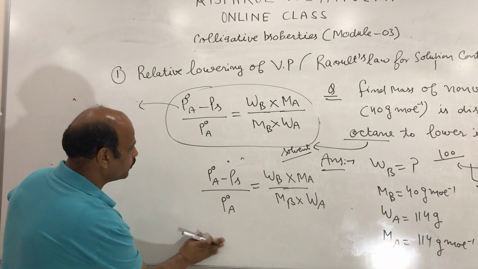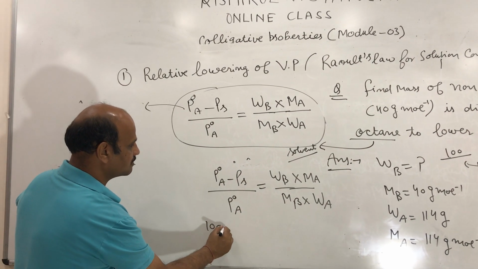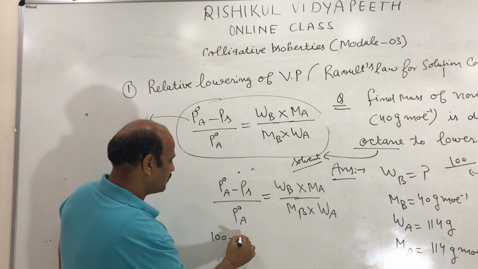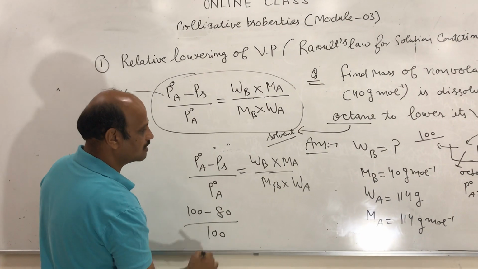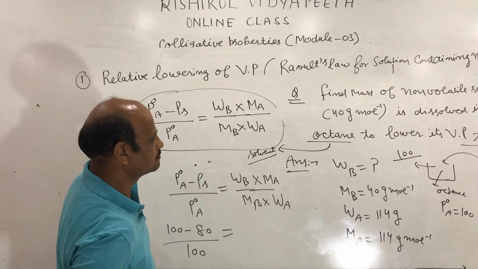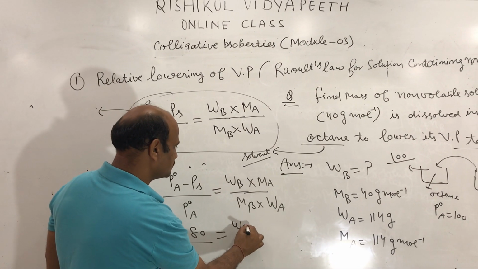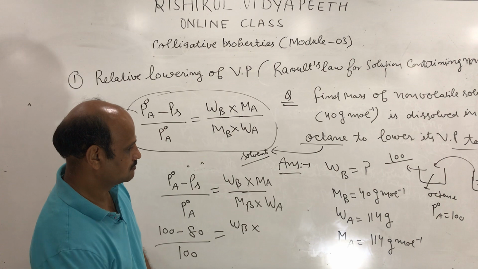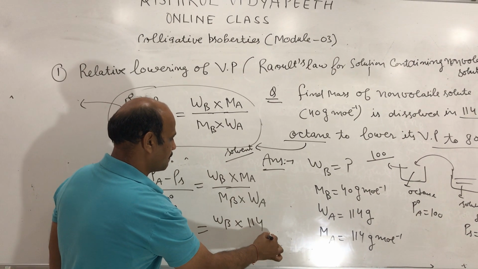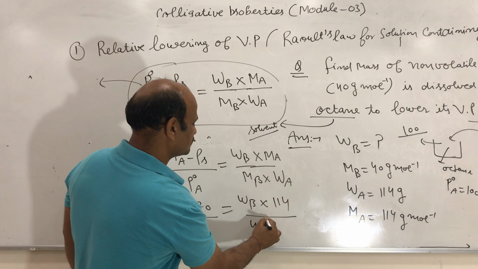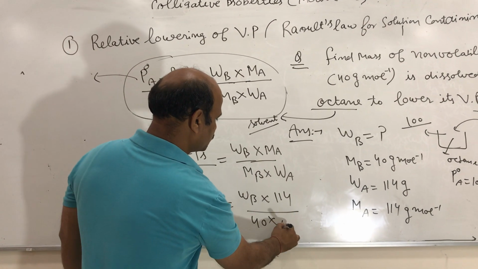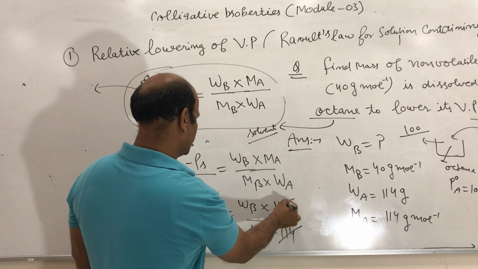Putting the values: P°A, that is 100, PS, that is 80, WB you are to calculate, MA, that is 114, MB, that is 40, WA, that is 114. This cancels with this.